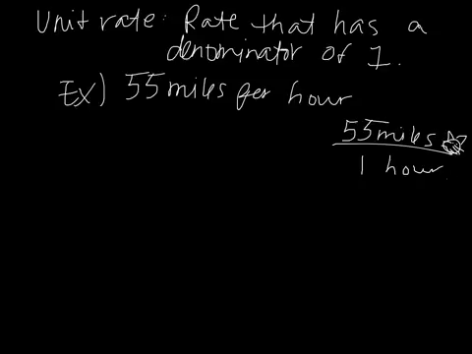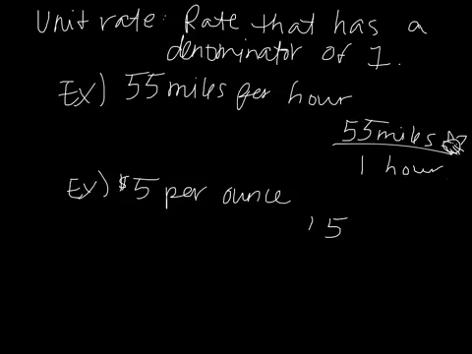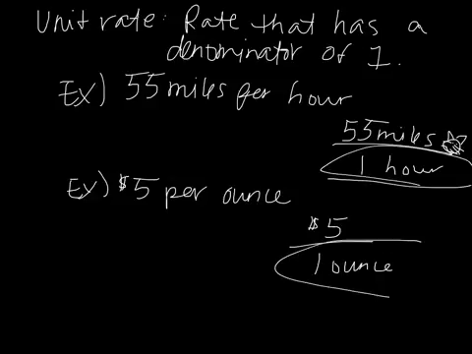Per 1 hour. Okay. What about $5 per ounce? Here's another example. Again, we would go $5 per, there's our little kitty, 1 ounce. These are unit rates because our denominators are 1.